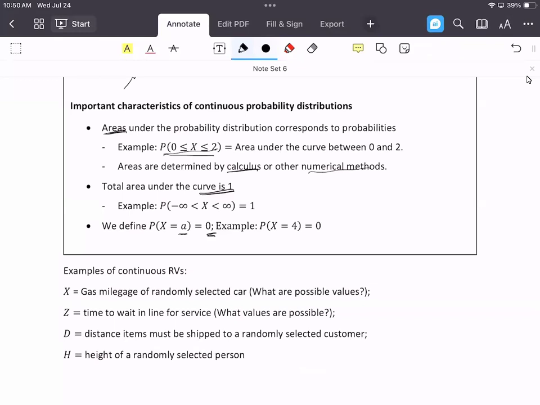And then you have something that could actually test it with more precision. You could have 30 point, let's say, 2, 5, 4, 6, 7 miles per gallon. Okay, so many, many possibilities. Same thing with time. You could have a better and better and better time measurement device. Distance, once again, we talked about that earlier, and height.